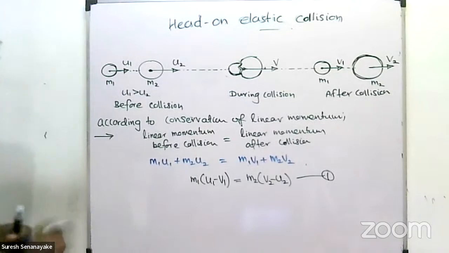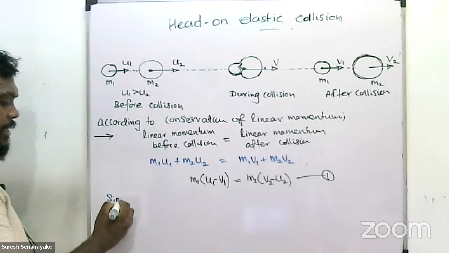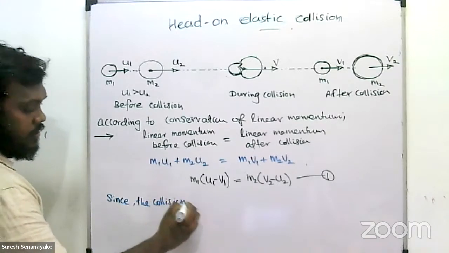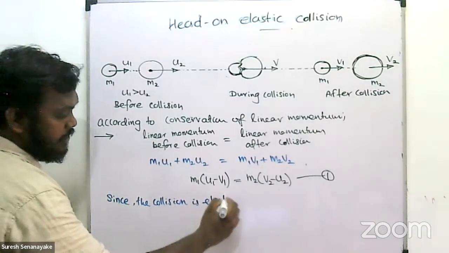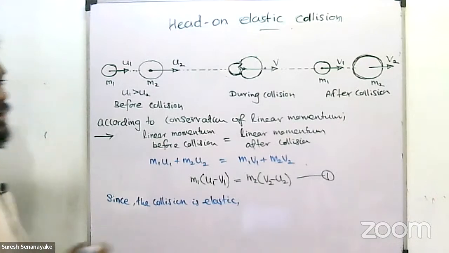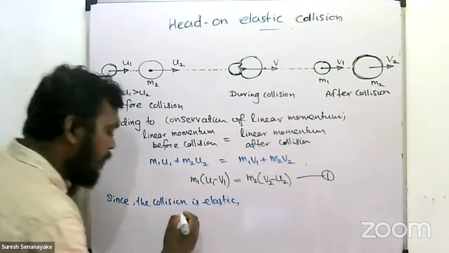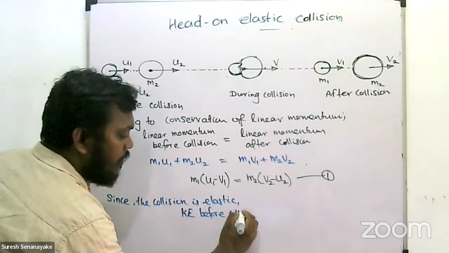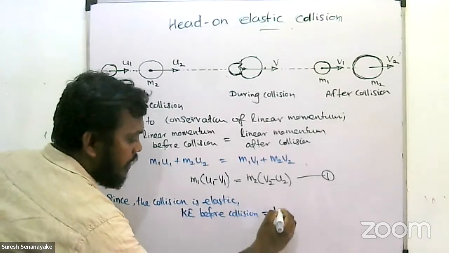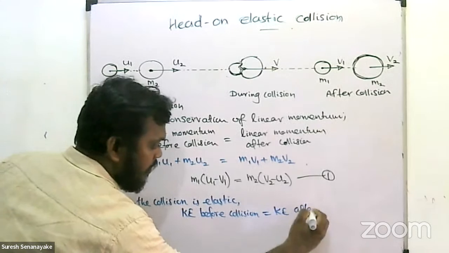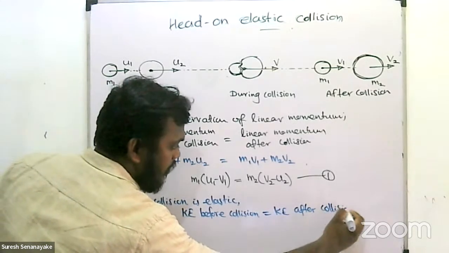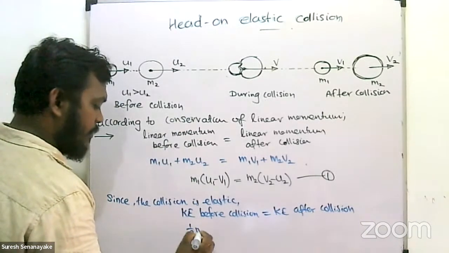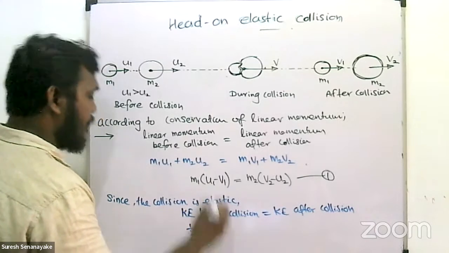Okay, so since the collision is elastic, we can see that the kinetic energy before the collision equals the kinetic energy after the collision. Before the collision, half m1 u1 squared is the kinetic energy of the first part.